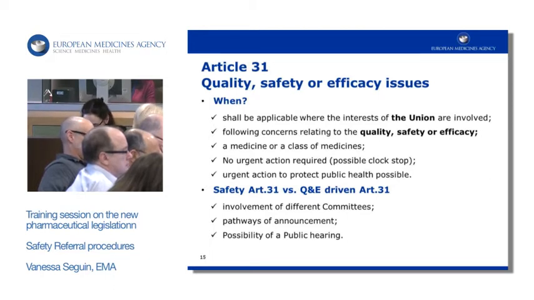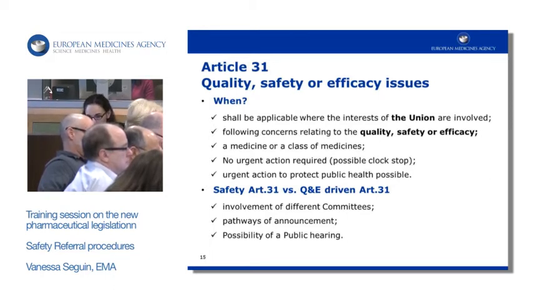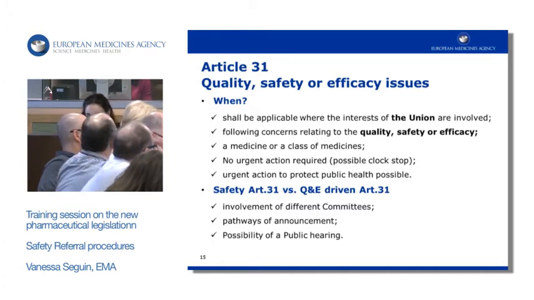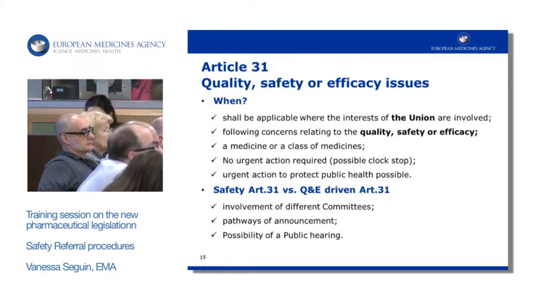So, starting with the 31, when the Article 31 is applicable, basically it should be applicable when the interests of the Union are involved, following concerns relating to quality, safety, or efficacy. It can concern also a medicine or a class of medicine, but the main difference, as you can see, is that it's when no urgent action is required.